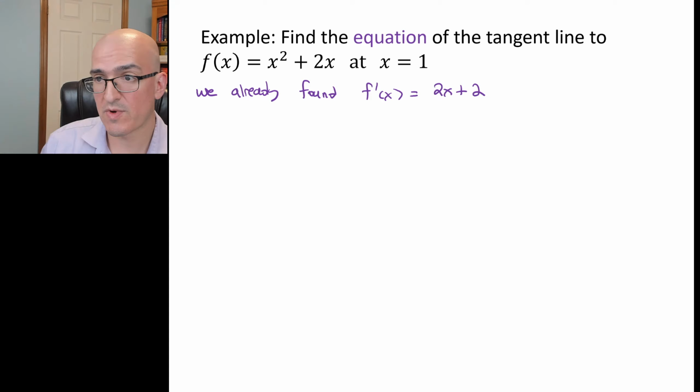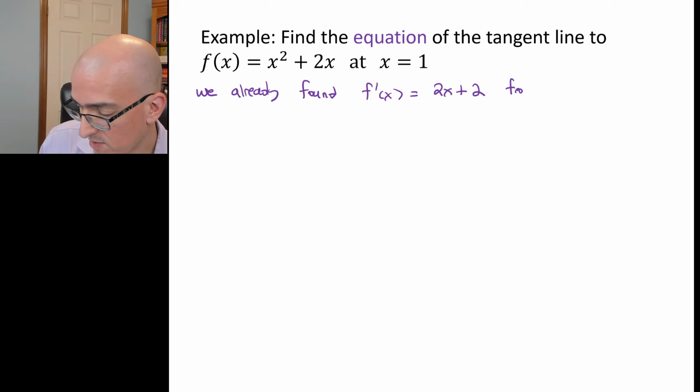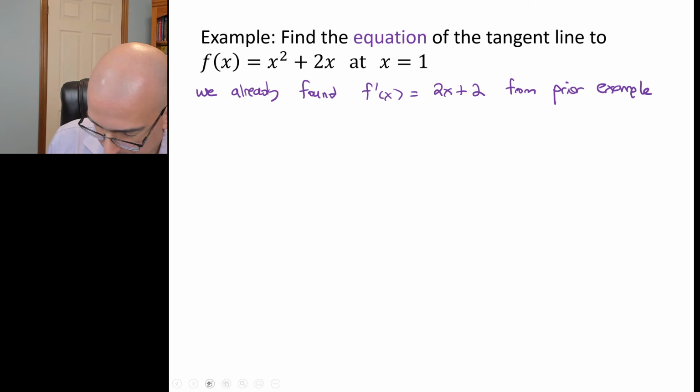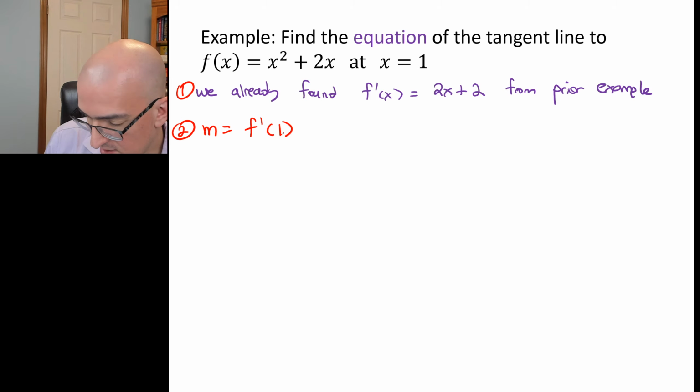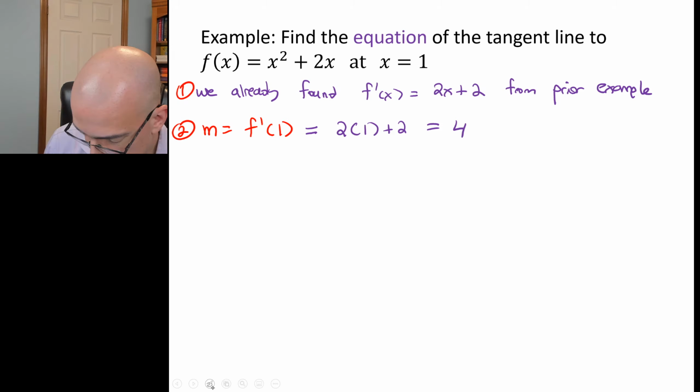That's what we went through in the prior example. So that was step 1. Step 2: m equals f prime evaluated at 1. So that's going to be 2 times 1 plus 2, which is 4. So that's our slope.